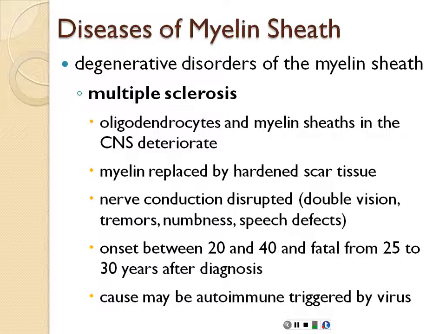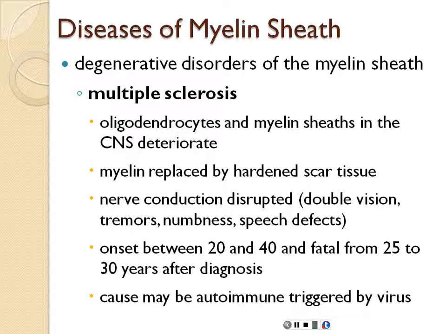So that affects vision, causing double vision, because for us to see, the signal has to make it from the receptor in our eye to the back of our brain, and that signal is just not traveling as fast as it should, or it may travel faster in some parts than others, one eye than the other. It also causes tremors, so you don't really have control over the muscles contracting when you want them to.